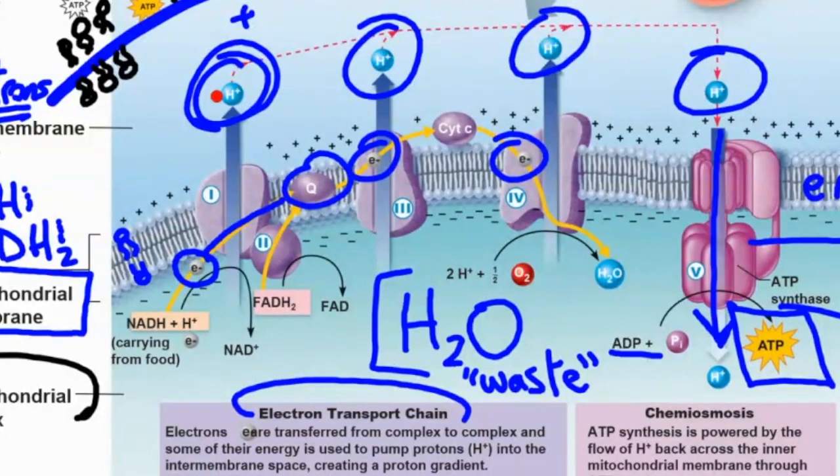The fancy way to say it, instead of saying the electrons go to the water molecule, which they do, is that the final acceptor is the oxygen, because they spend just a little more time there. So the final electron acceptor in this electron transport chain is oxygen. That would be O2.